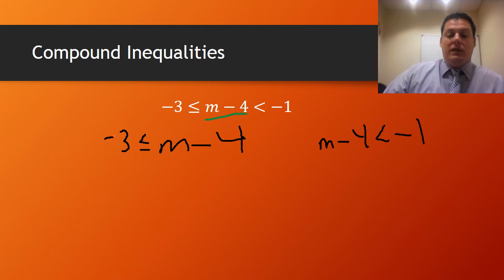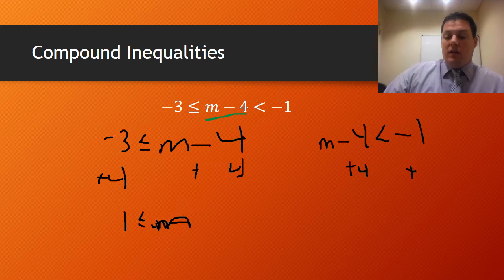So we want to solve these separately. This one we want to add 4 to both sides. We see that m is greater than or equal to 1. And then this side we add 4 to both sides. We get m is less than 3.